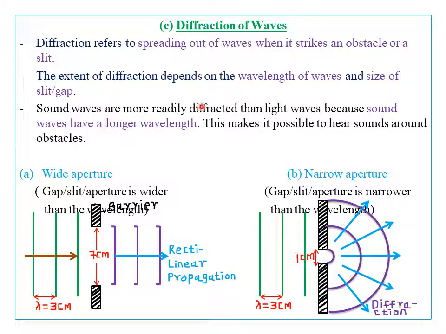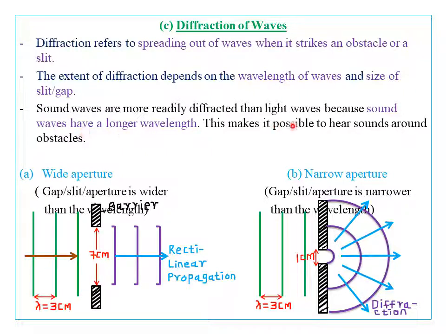So sound waves are usually more diffracted than light waves, because sound waves have a longer wavelength. So that is the reason. Actually, the longer the wavelength, the more the diffraction, and the smaller the wavelength, the lesser the amount of diffraction.